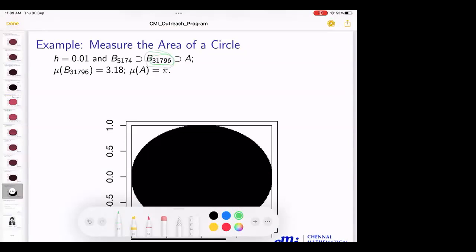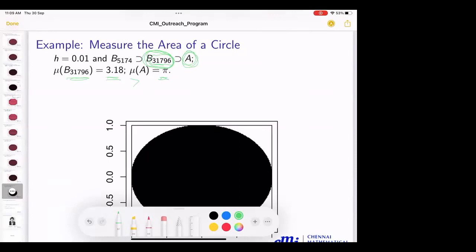Whatever the geometric shape is, conceptually we can just think about it. We don't know. Almost like a circle, but it's not a circle. Circle is this guy, A. And the area of this geometric shape is 3.18, which is still greater than pi, the area of the circle.